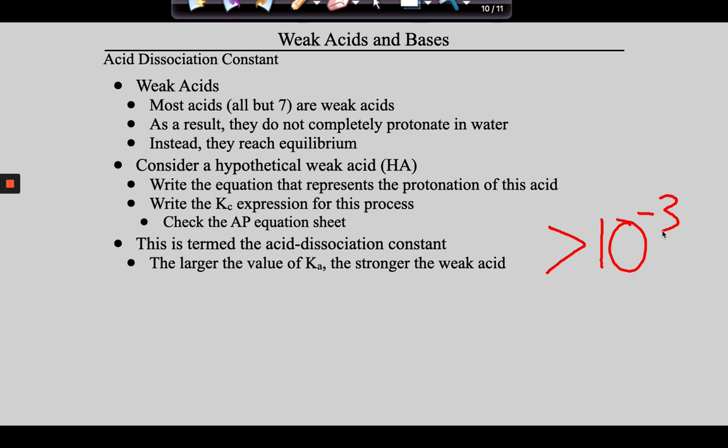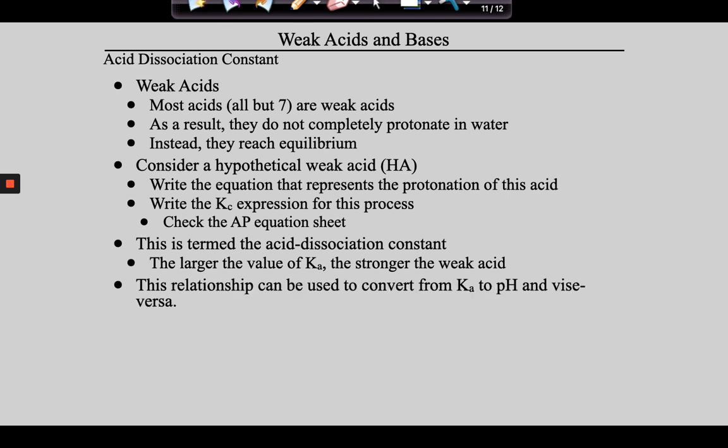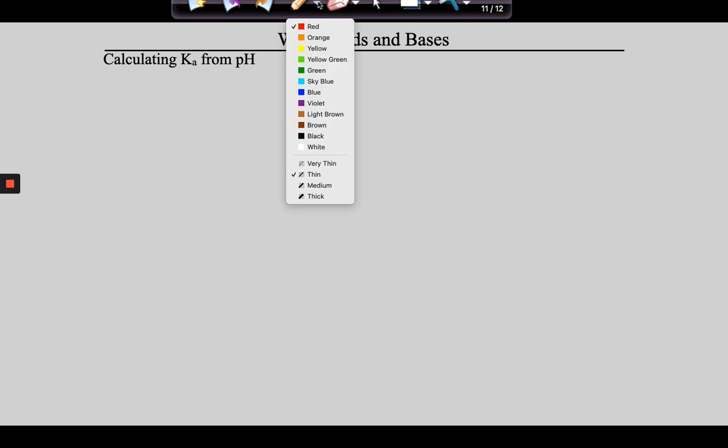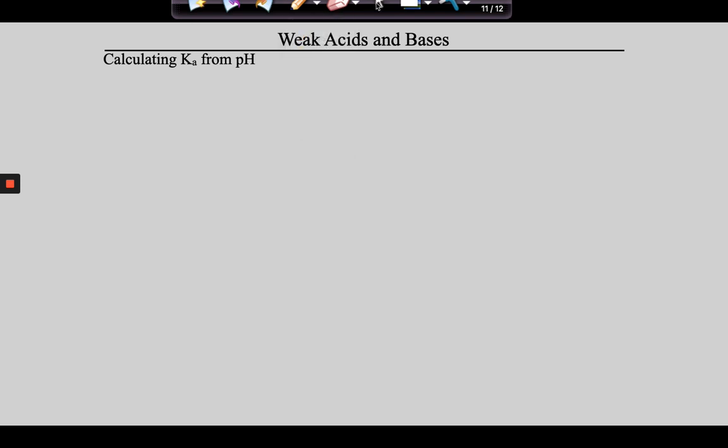So these tend to be small numbers, but still our idea of large is basically revolving around 1,000th. That's a pretty strong weak acid. Okay, so guys, with that said, we can use this relationship to calculate Kas from pHs and vice versa. And that's what we're going to do right now. Put on your problem-solving hat, and here we go.